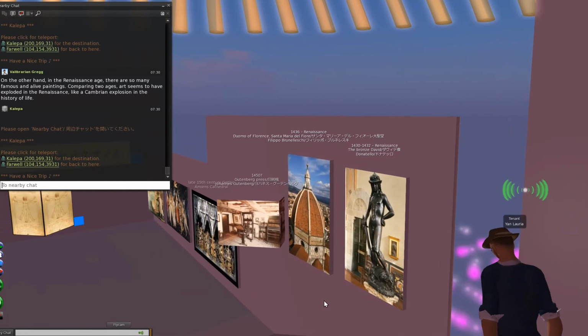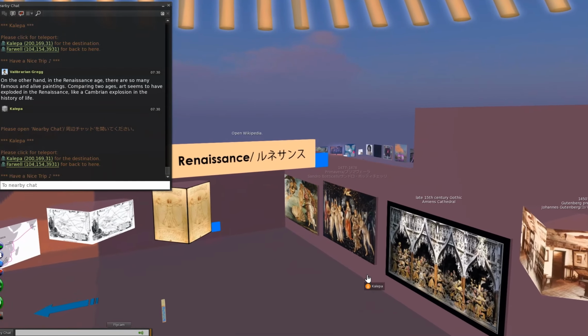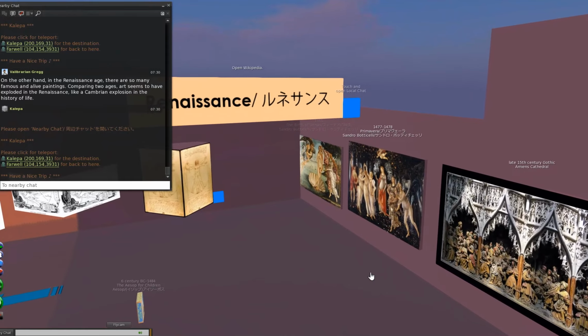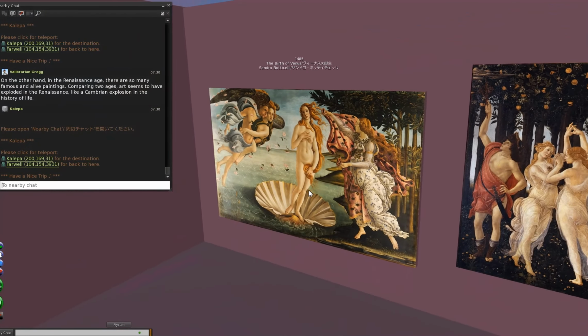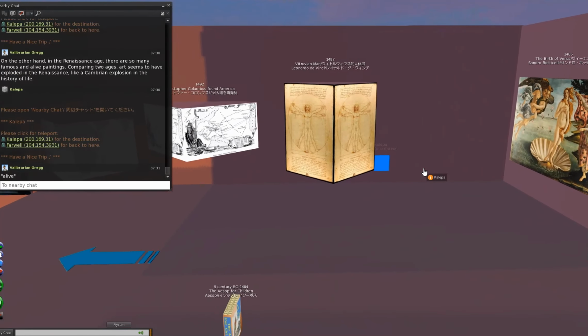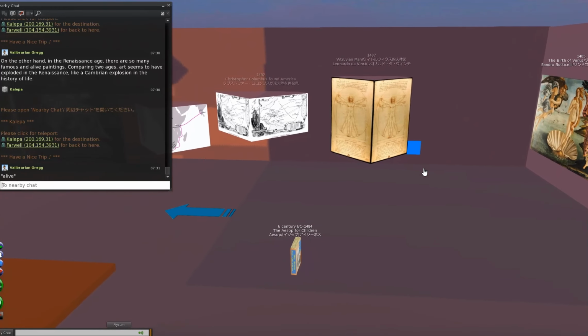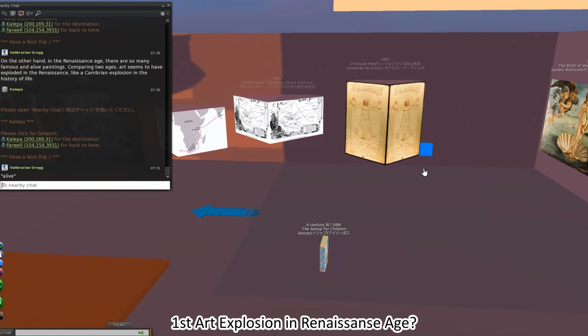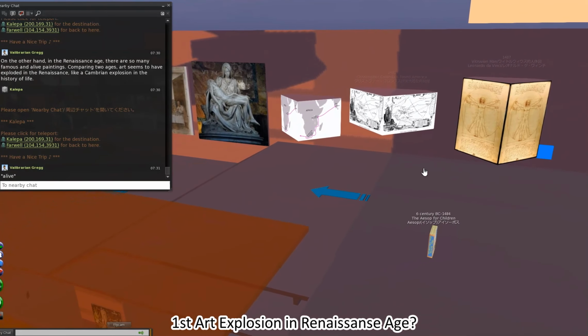There are so many famous and alive, attractive paintings. They are alive. Comparing the two ages, art seemed to have exploded in the Renaissance like a Cambrian explosion in the history of life.